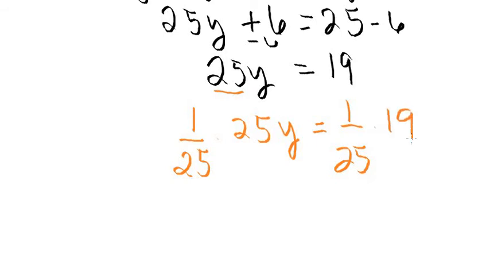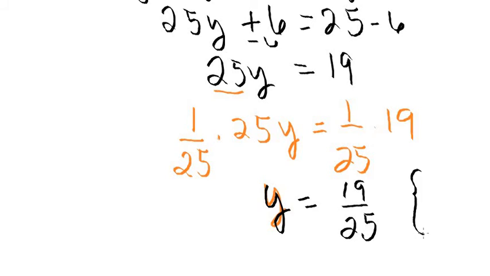So the reciprocal of 25, multiplying it by its reciprocal, you just get 1. And I'm not going to write this. You know what? I should have changed color. y is equal to 19 over 25. So that's going to be our solution.